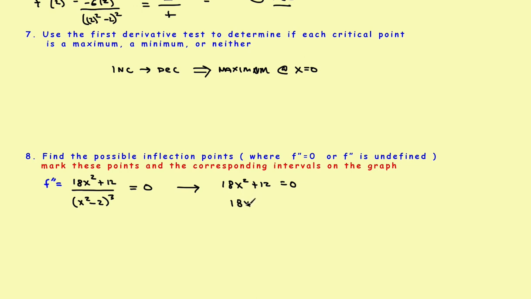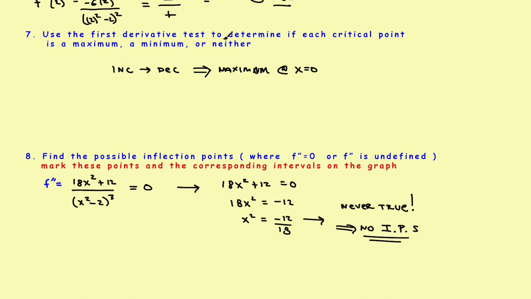So 18x squared is negative 12, which gives you x squared is negative 12 over 18. But nothing squared can ever be negative, so this is never true. Sometimes it'll actually be equal to a value, but in this case it's never true. So what this means is there are no more inflection points. There are no additional IPs.